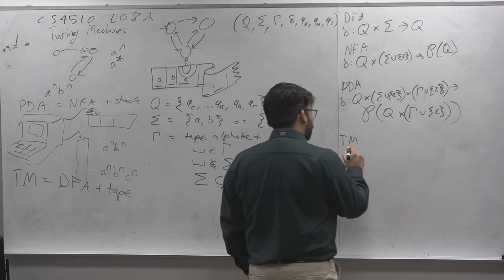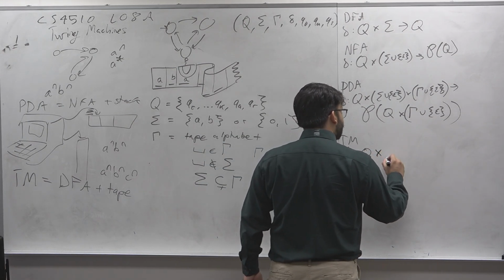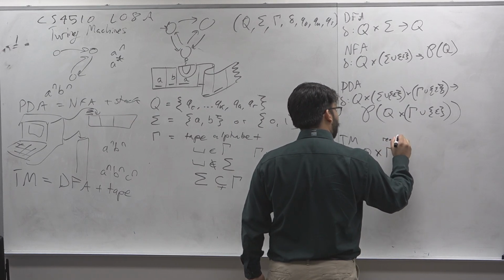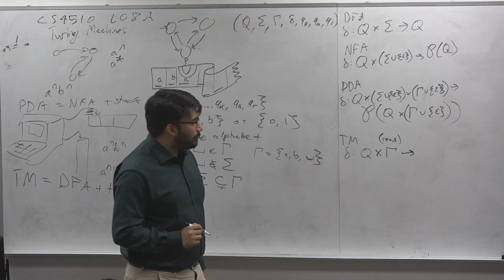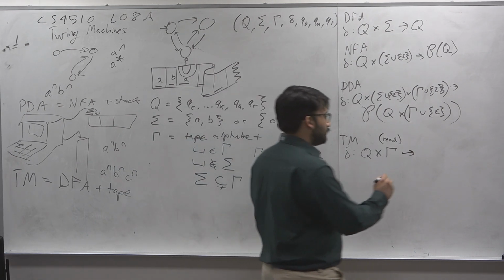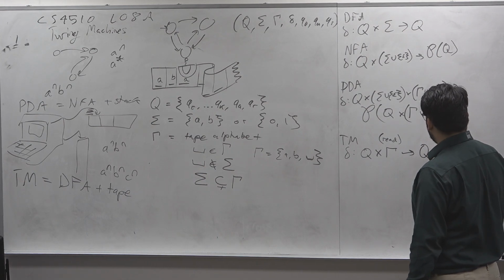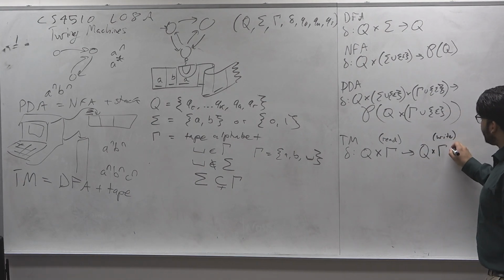So what we'll say is, if we're at some current state, we're going to read a symbol off the tape. Then we want to move to a new state. We want to write a new symbol. And then we want to move the tape head left or right.